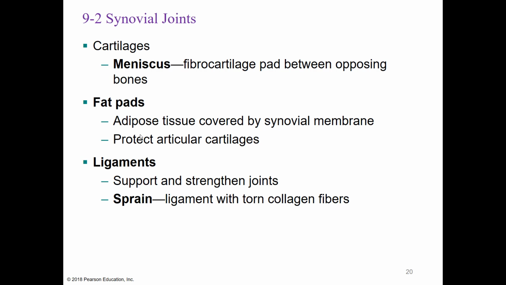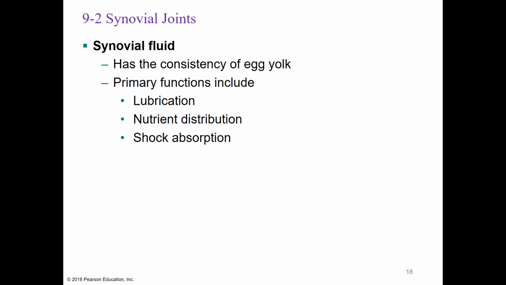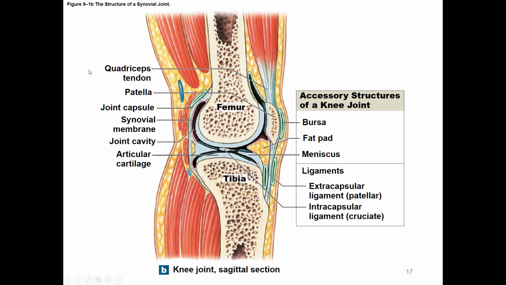So let's go back and locate those three things in our picture. So here's our articular cartilage we talked about, and then in between the articular surface of the femur and tibia, you can see this thick pad here of cartilage. You can see a piece of it here and a piece of it here. That is the meniscus. So a very thick, tough pad of cartilage.